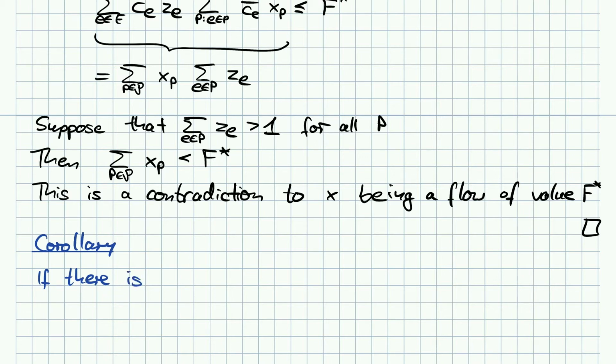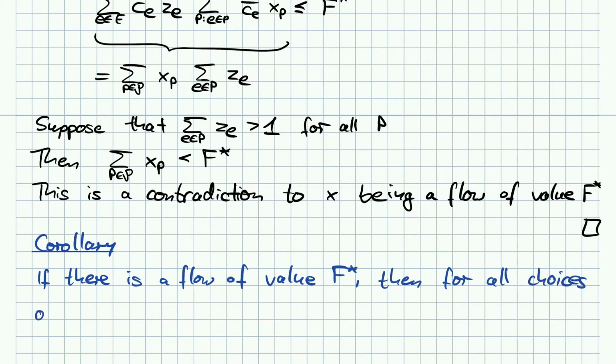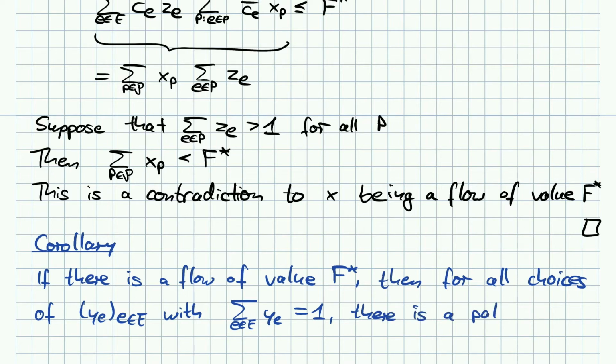If there is a flow of value f star, then for all choices of ye with sum of the ye being exactly equal to 1, there is a path P such that the sum of the ye divided by ce is at most 1 over f star.